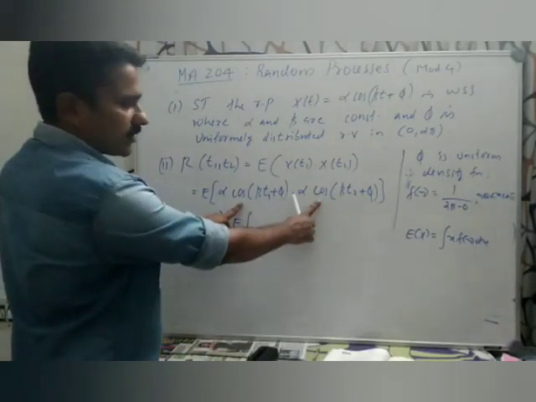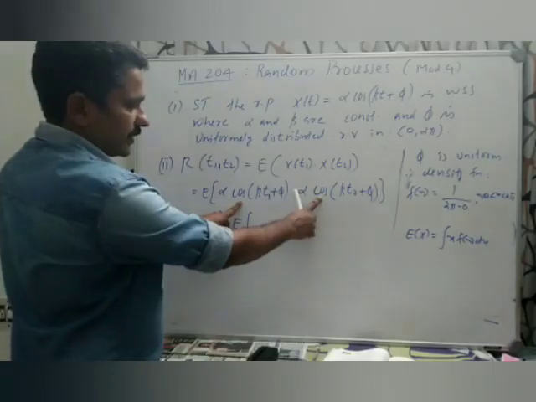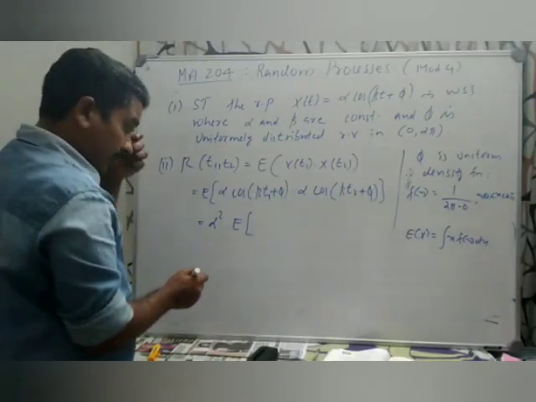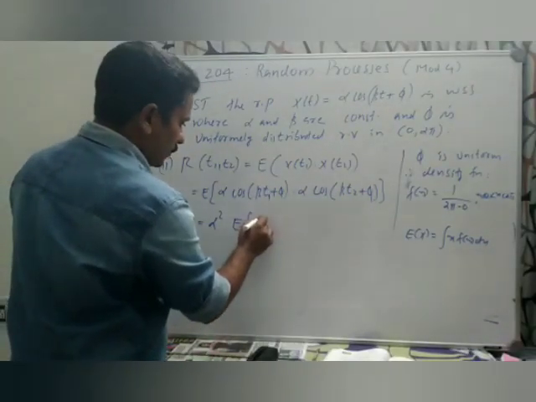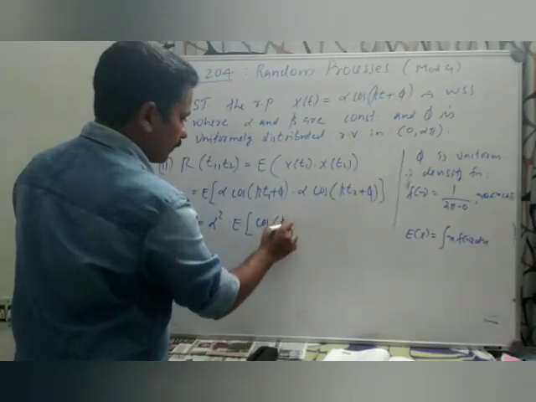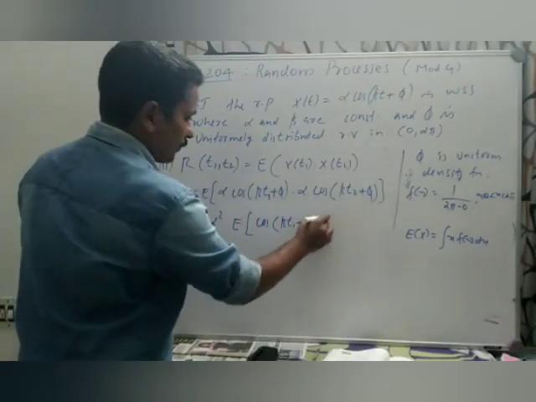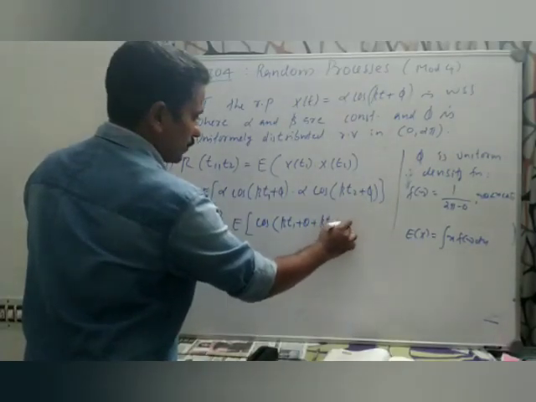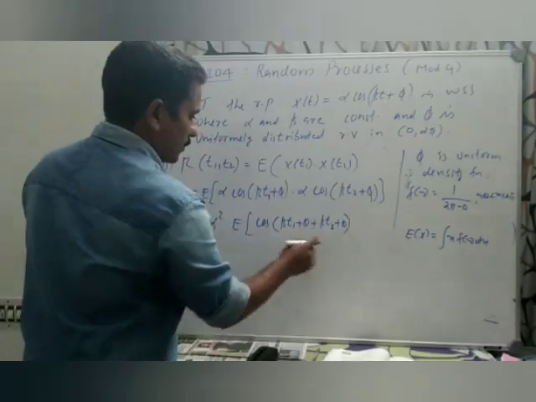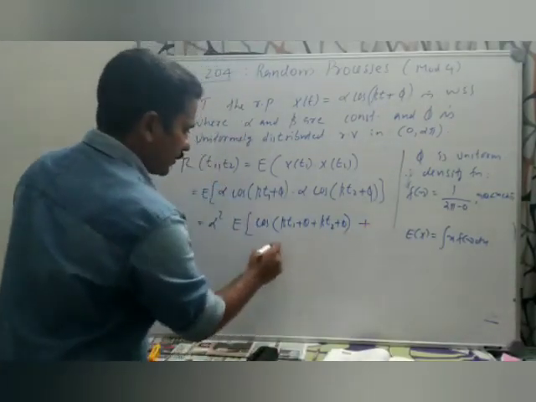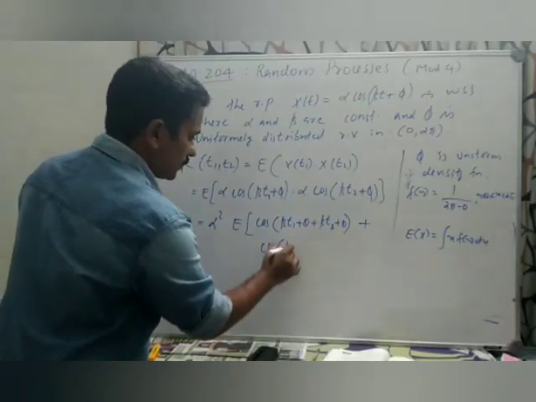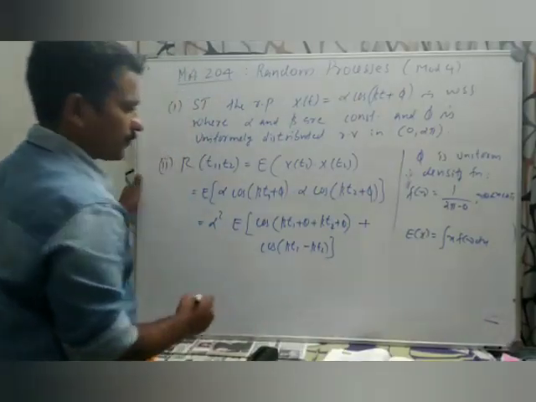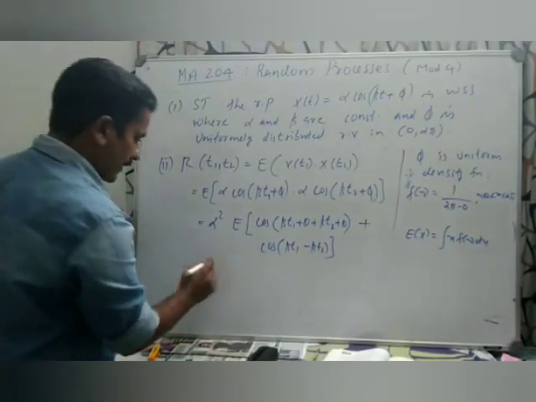this one, which is cos A cos B, right? Cos A cos B. So we can use a trigonometric result here: cos A cos B is half of cos of A plus B plus cos of A minus B. Okay, this is what you will get.